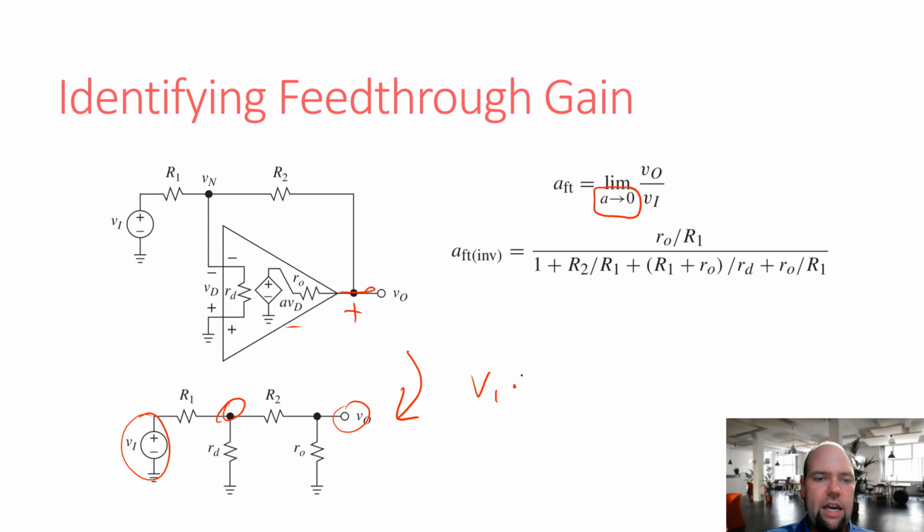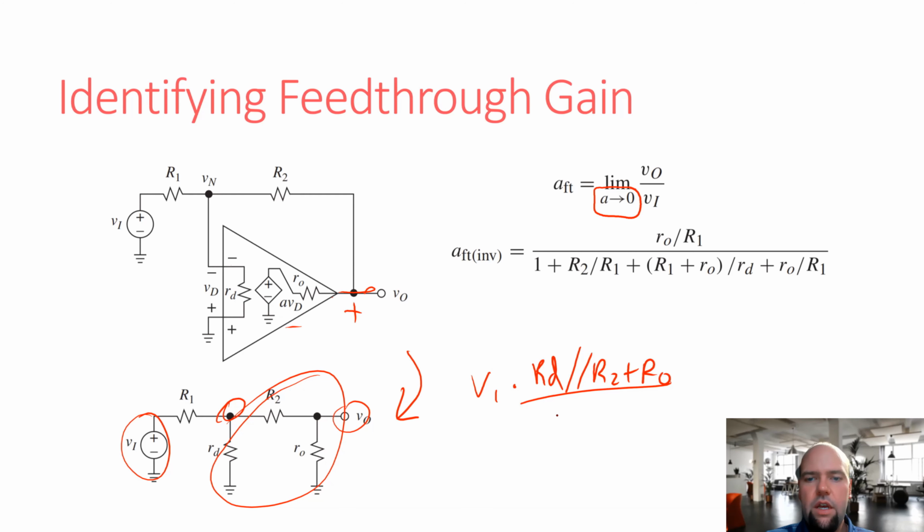So V in times, it's going to be the resistance of all this. So it's going to be RD in parallel with R2 plus RO divided by RD in parallel with R2 plus RO plus R1. Now this is where the book has a shortcut way of writing this. The book would divide both sides of this by this big old monstrosity up here.